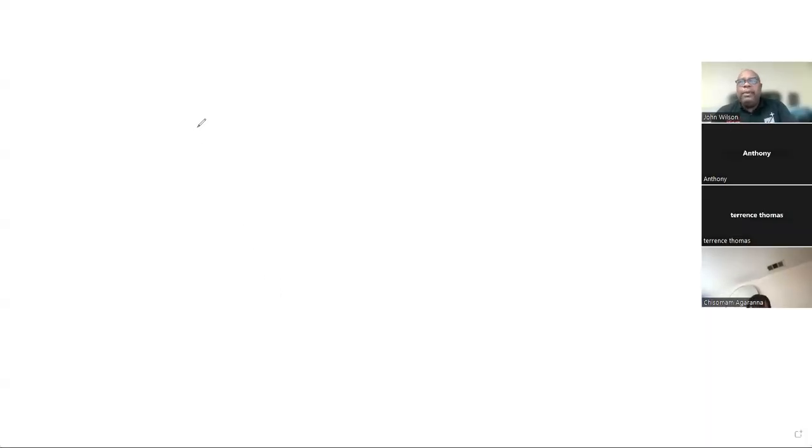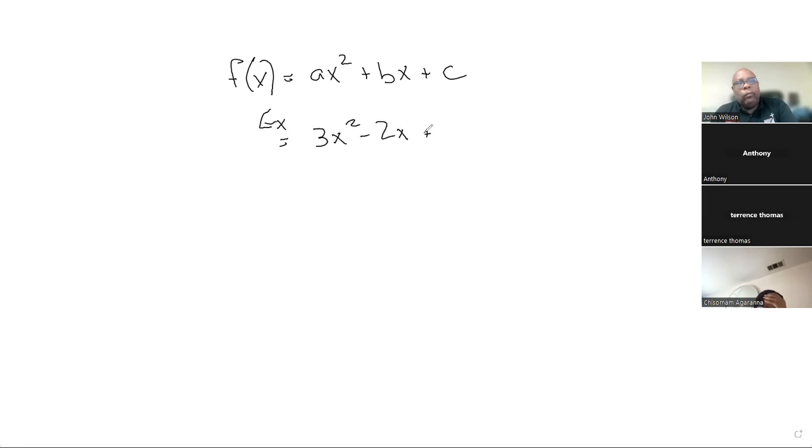All right, yesterday we said that quadratics are f of x, this is kind of like a review, equal to ax squared plus bx plus c. Definitely take notes. I try to be very clear with these today. That's a quadratic. So for example, this right here is a quadratic.